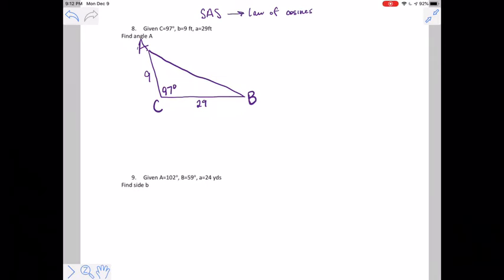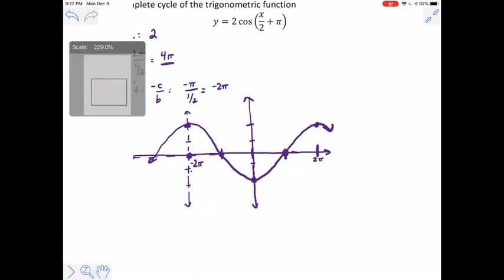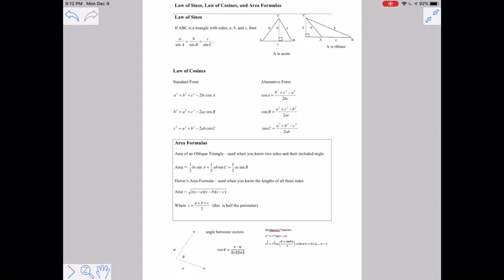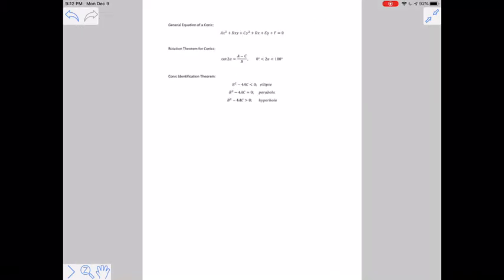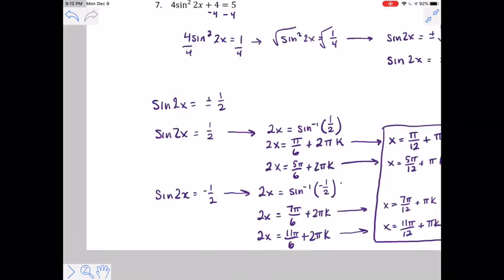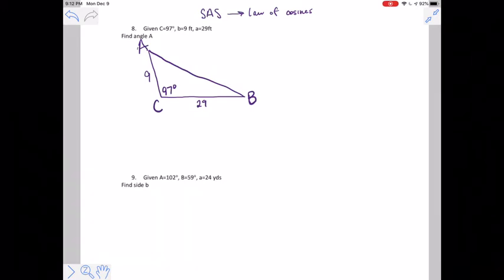And I'm finding angle A, so if you remember there are 3 versions or variations of the law of cosines, and I want the version that involves angle A there, so I'm going to use that version of law of cosines. Now, quick inventory of what we know.